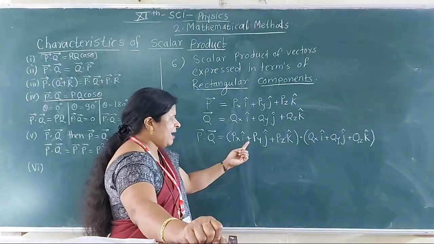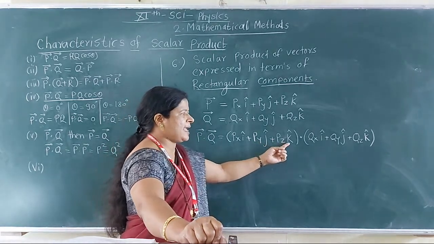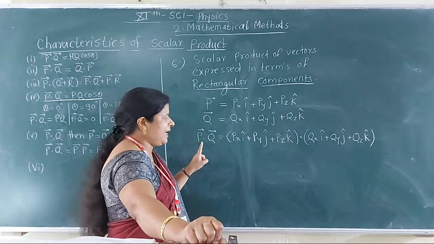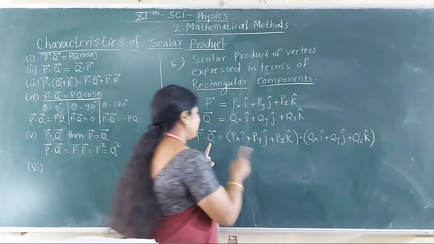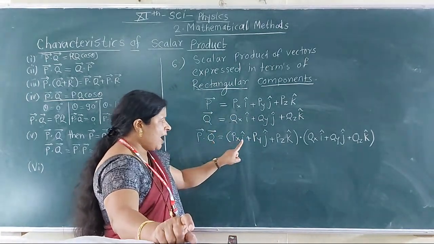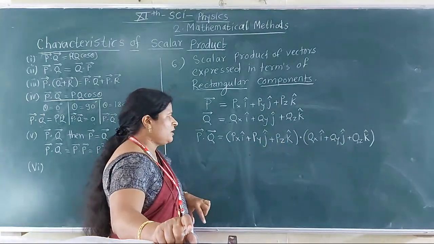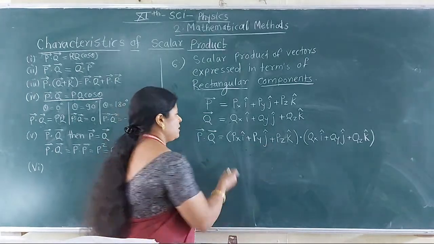Here Px, Py, Pz are the rectangular components of vector P, and Qx, Qy, Qz are the rectangular components of vector Q. i cap, j cap, k cap are the unit vectors of these rectangular components.